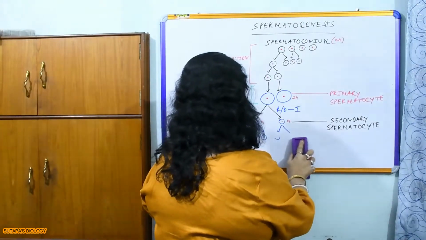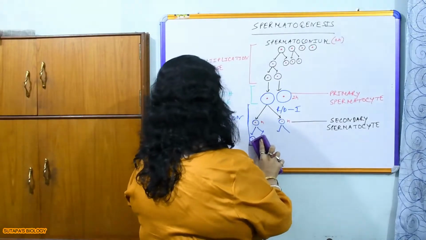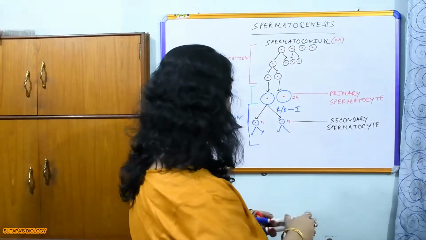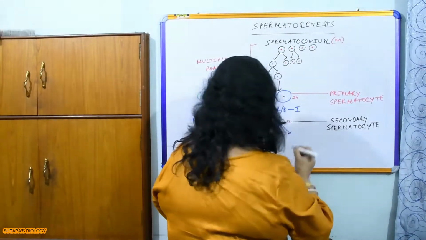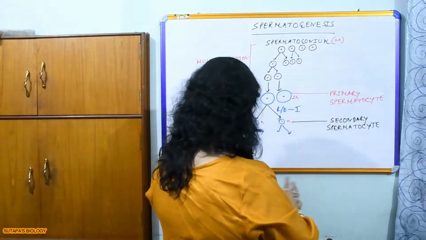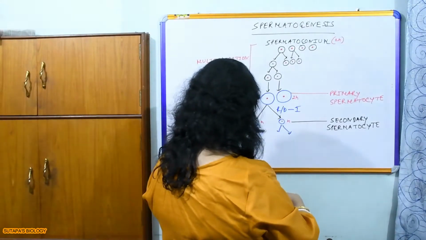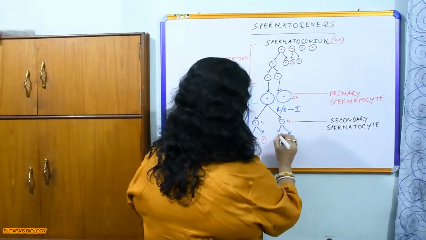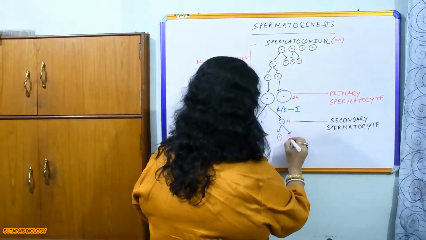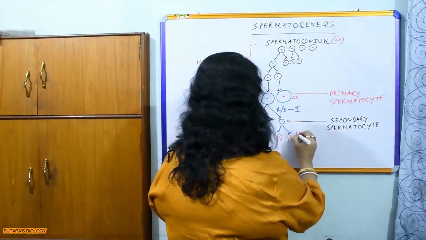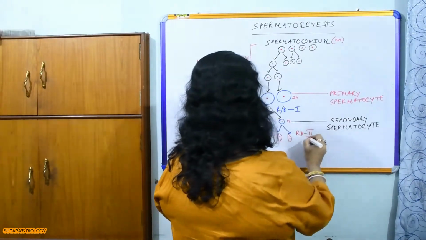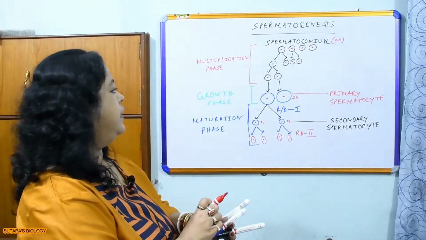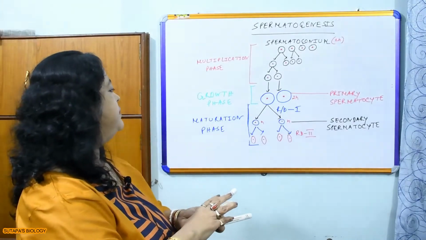Their structures are not round like the previous members, they are almost oval type. These all are N after reduction division 2, that is meiosis 2. After meiosis 2 they are N. Now these are the spermatids, having the N configuration of chromosome. So up to this we know that this is spermatocytogenesis.